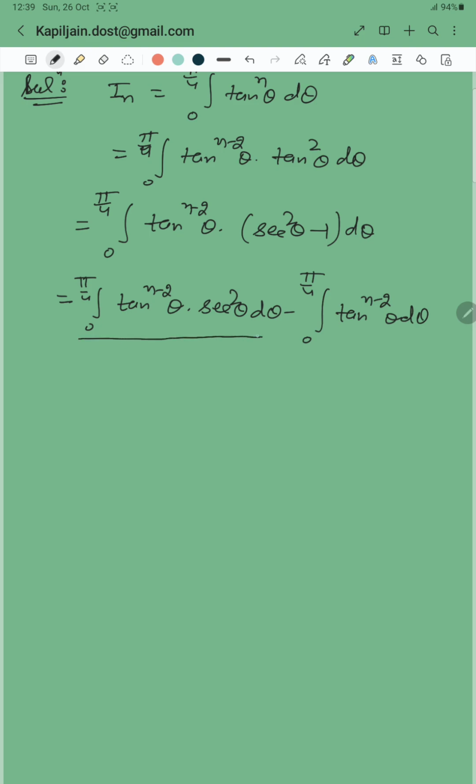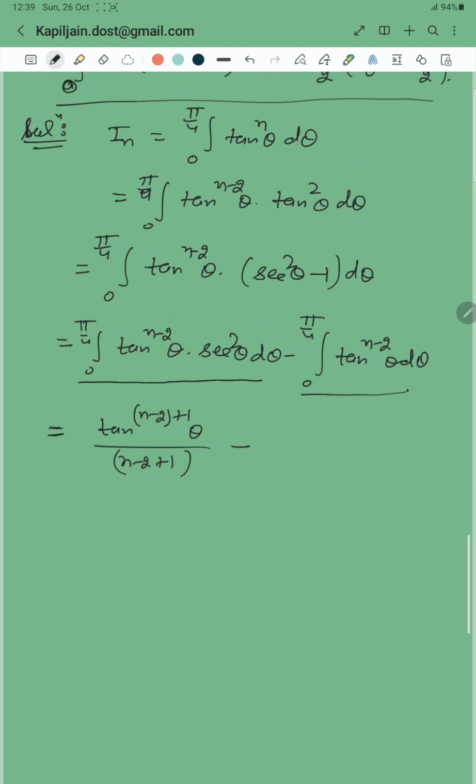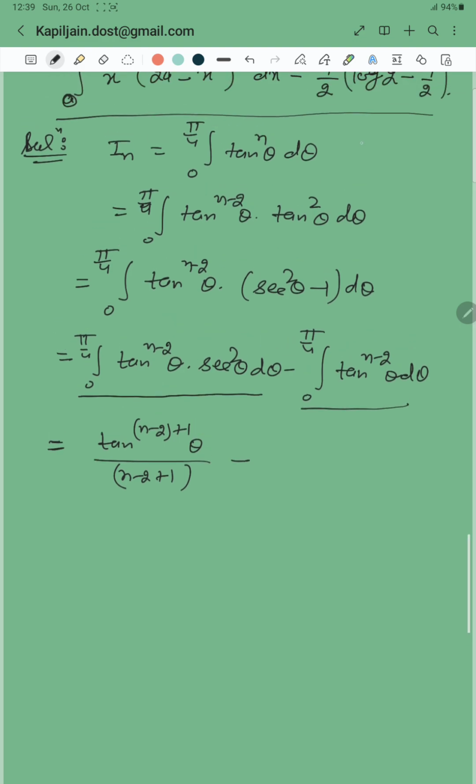Now the first integral is equal to tangent raised to power n minus 2 plus 1 theta divided by n minus 2 plus 1, minus, and the second integral is, in the given I n equal to 0 to pi by 4 tangent raised to power n theta d theta, replacing n by n minus 2, we have this is I n minus 2.